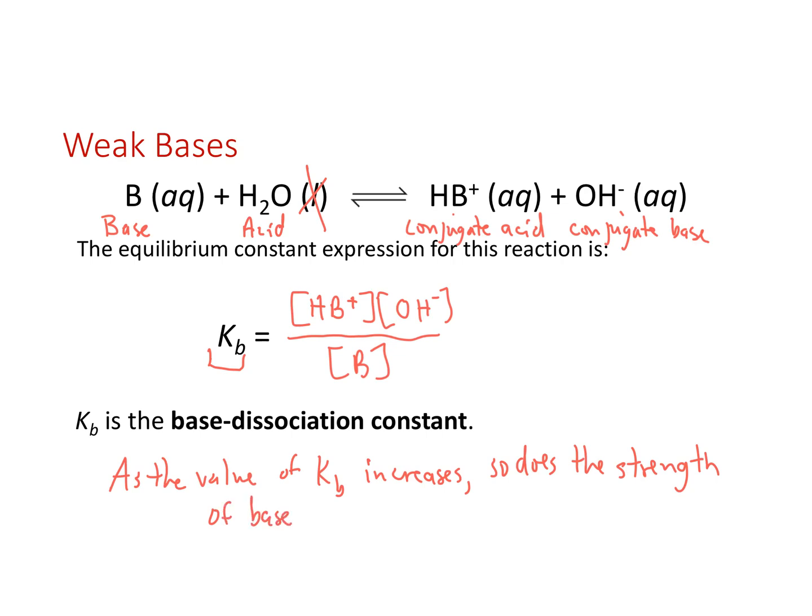We calculate Kb as the concentration of the conjugate acid times the conjugate base over the concentration of the base. How do I get a larger value of Kb? By having that base ionize to a larger extent, forming more products. A larger concentration of products over a smaller concentration of reactants will give me a greater value of Kb, and that's associated with a stronger base. I'll have a higher concentration of hydroxide in solution.